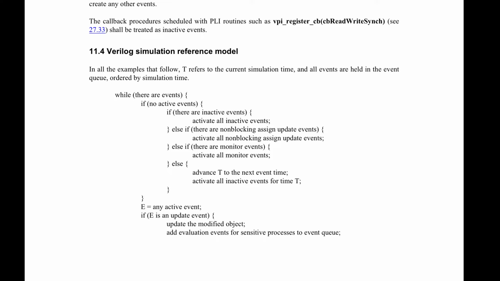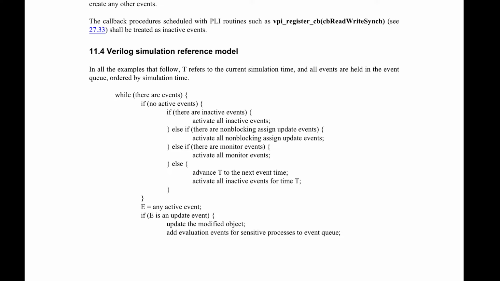So while there are events, we look to see, are there any active events? If there are active events, then we grab any active event. Order doesn't matter. We don't have to grab the first event on the queue. We just grab any active event. And down here we'll look at presently. It overflows onto the next page. But basically we then process that event.